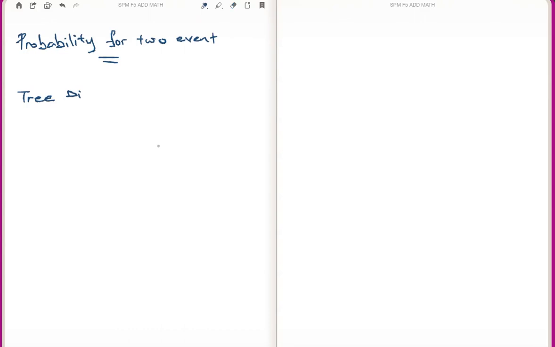I think the pen tip is not sensitive anymore after some time of using.